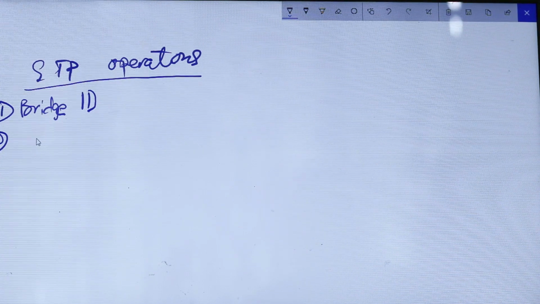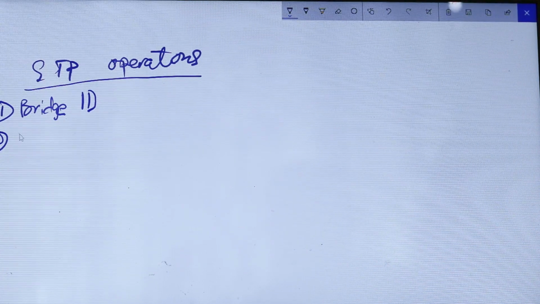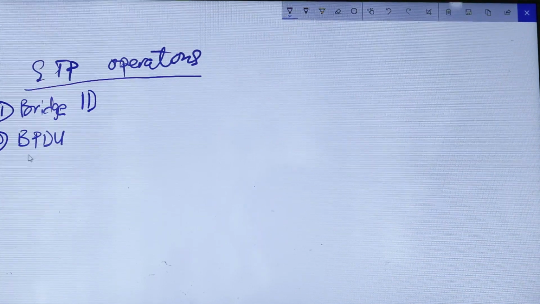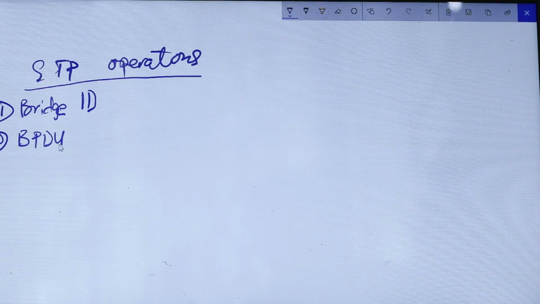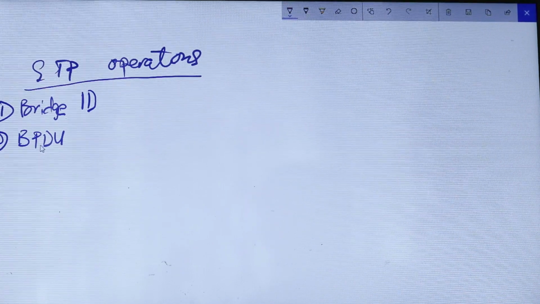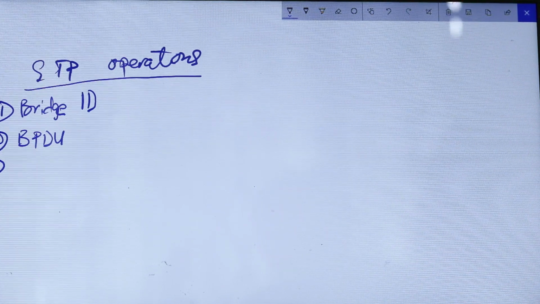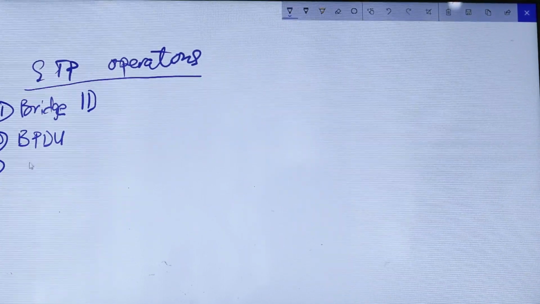We'll also talk about BPDU, Bridge Protocol Data Unit. 3, we also talk about root bridge.